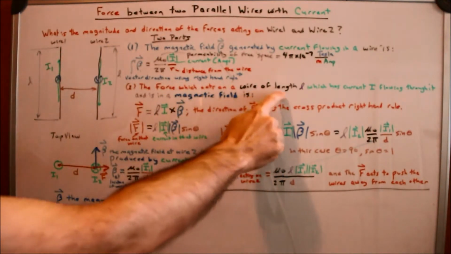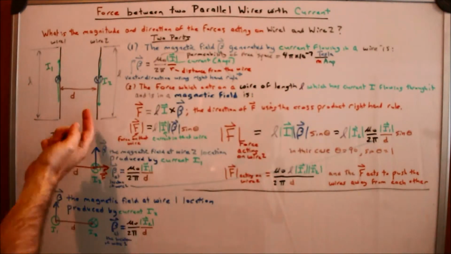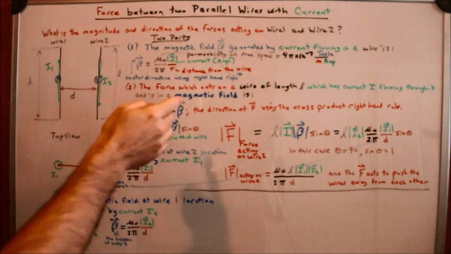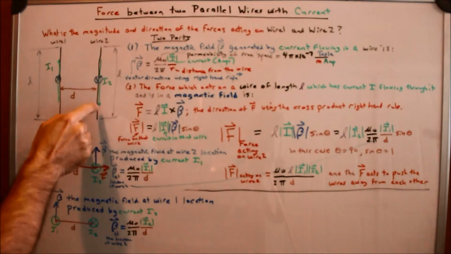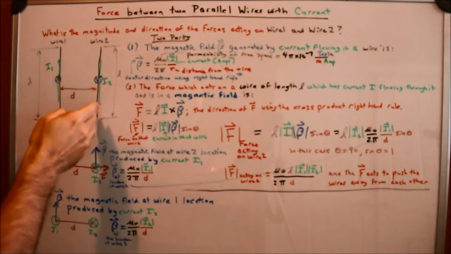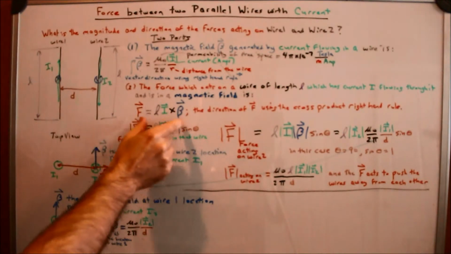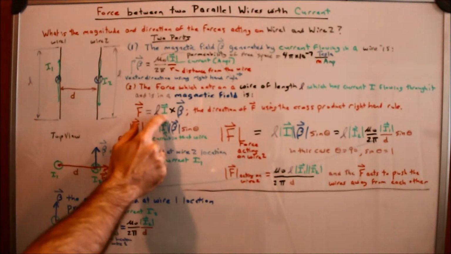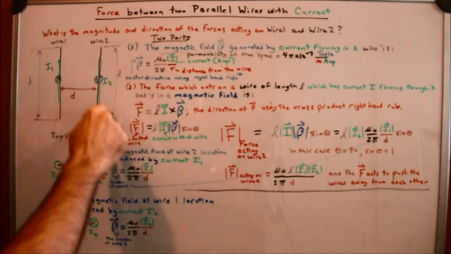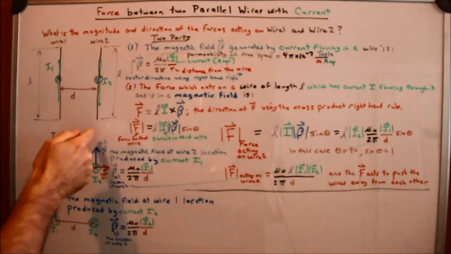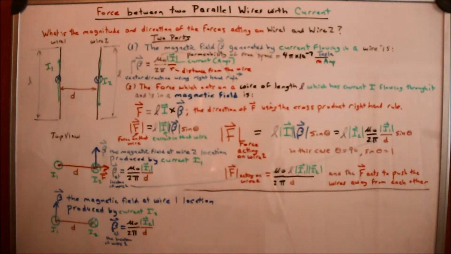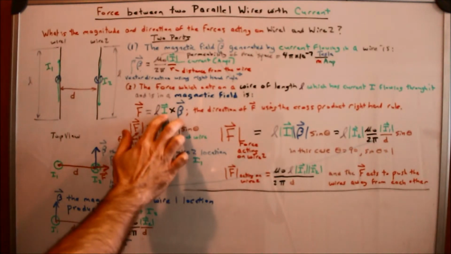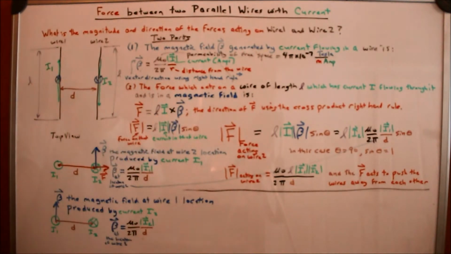So the force acts on a wire of length L, which has a current flowing through it, and this wire has to be in a magnetic field. The force acting on that wire, which is part of a wire in the magnetic field, is given by this equation. It's proportional to the length, the current flowing through that wire itself, and the magnetic field at the location of the wire. The direction of F is found using the cross product right hand rule, because we have the cross product of the directionality of the current and the directionality of the magnetic field.